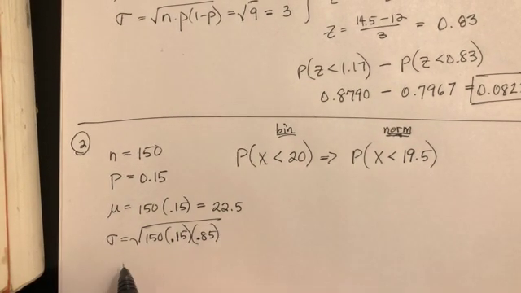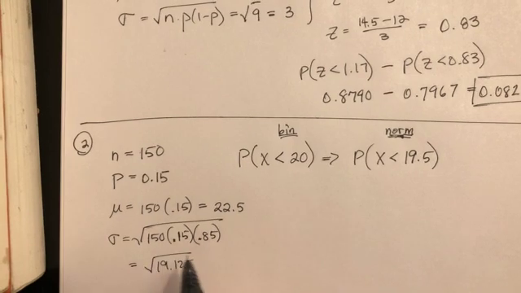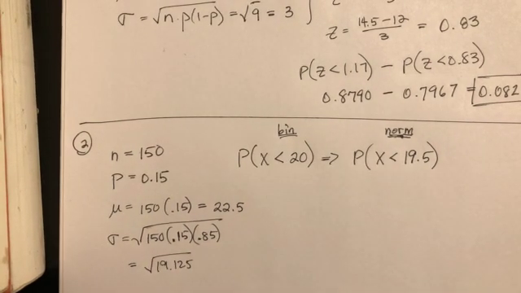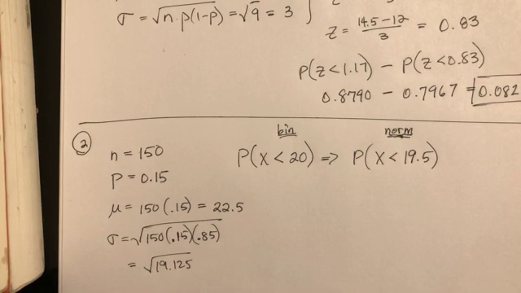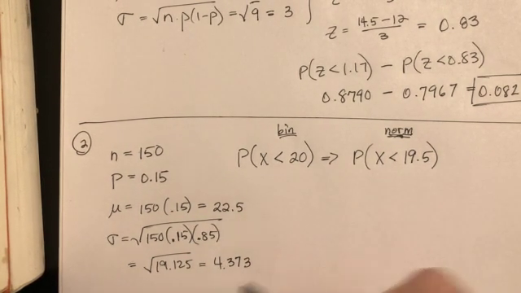So that gives me the square root of 19.125. The square root of 19.125 is 4.373. And they say in the problem, round the standard deviation to 3 decimal places. So there you go. Those are my two.